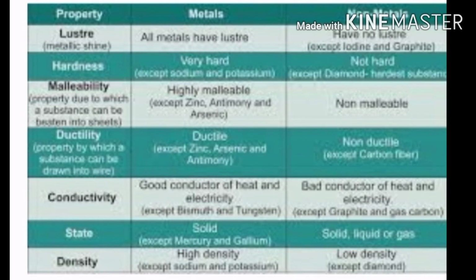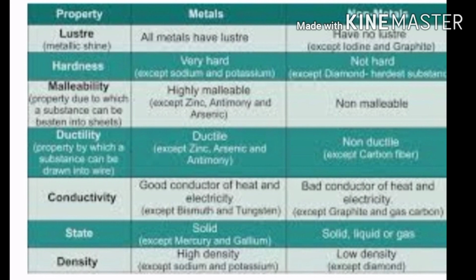Let us now revise the properties of metals and non-metals. Luster, that is metallic shine. All metals have luster, but non-metals do not. Exceptions are there. Iodine and graphite show luster. Hardness. Metals are hard except sodium and potassium. They are soft and can be cut with a knife.